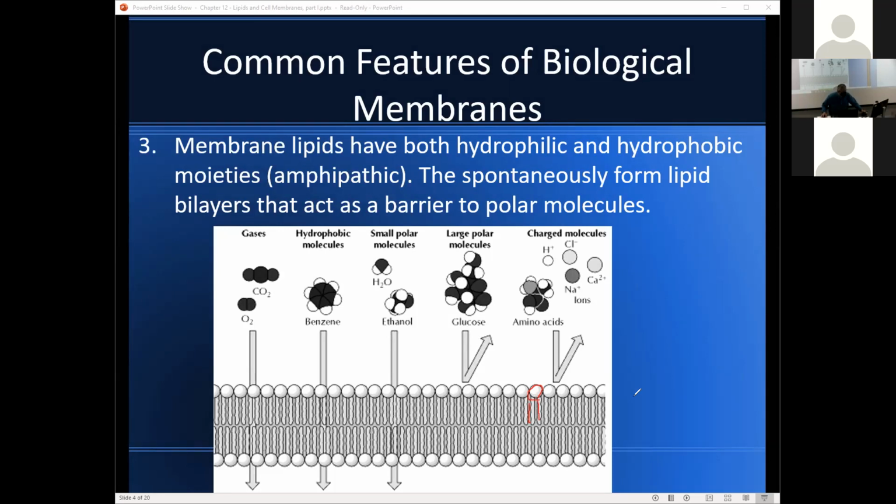So this makes a phospholipid amphipathic, meaning having both hydrophobic and hydrophilic components. The amphipathic nature of phospholipids is what allows them to spontaneously form the phospholipid bilayers that make up membranes.